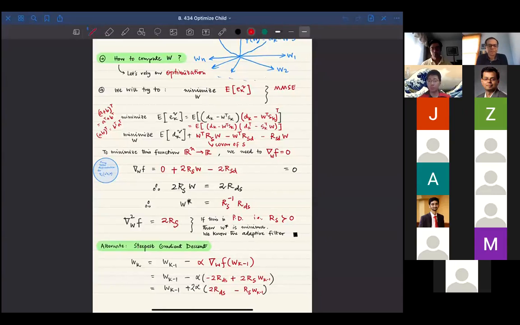Plan for today: finish up on adaptive filter, the one that we started last class. That would hopefully take 10 minutes, 15 minutes max. Then talk about an application of adaptive filter to noise cancellation, but with IoT mixed into it.